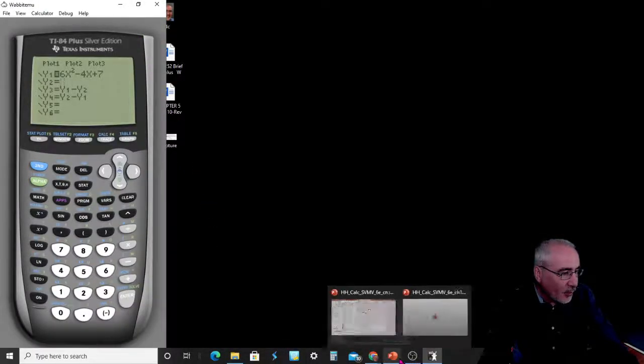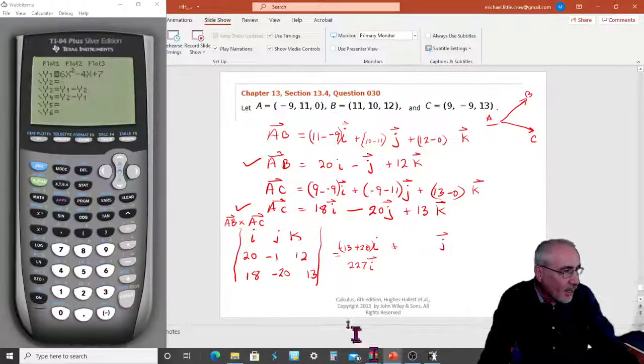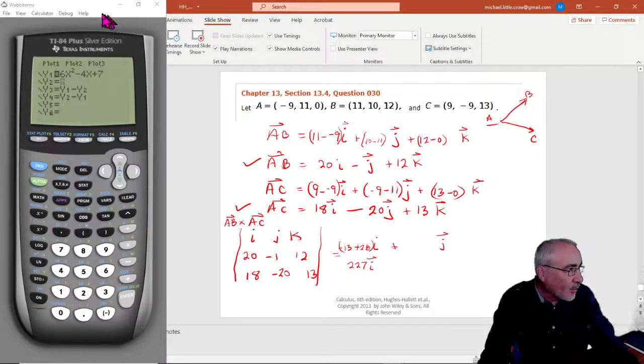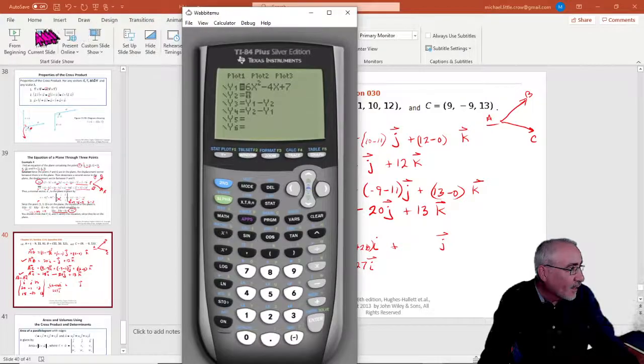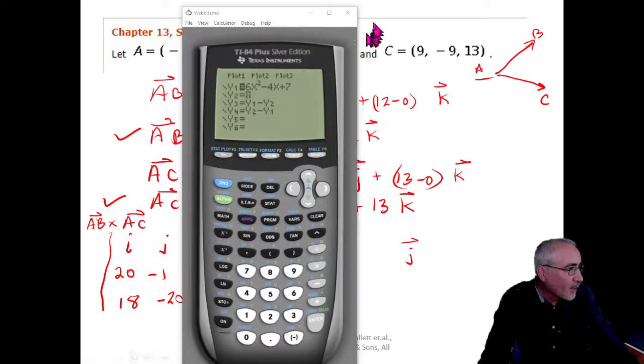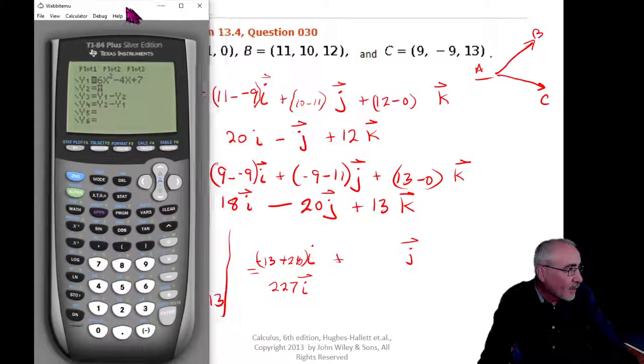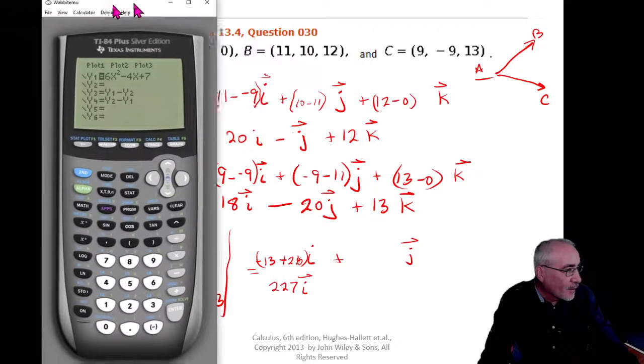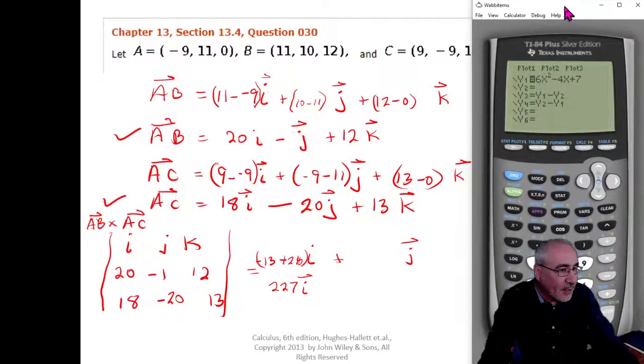This way, if I make a mistake, you'll see that it's a mistake. Let's go back to the slideshow.